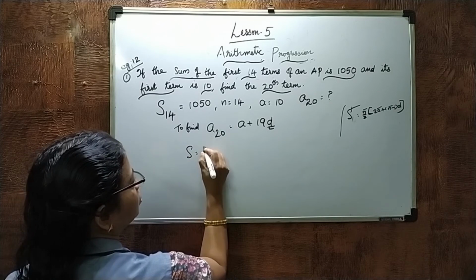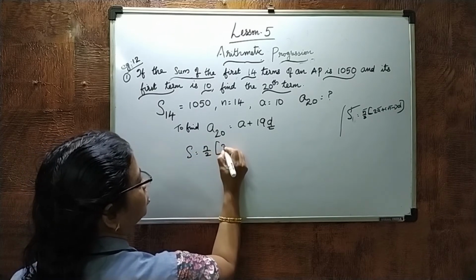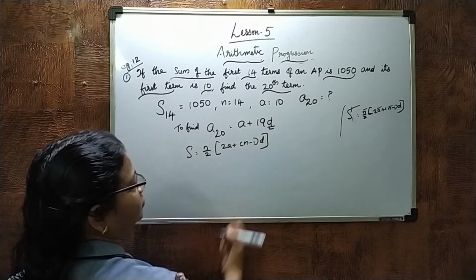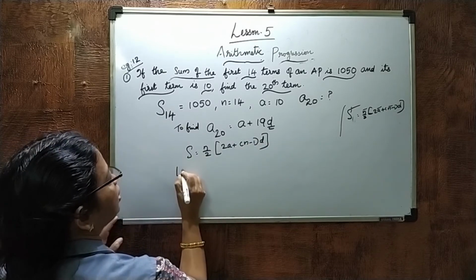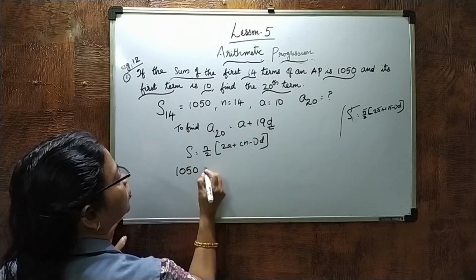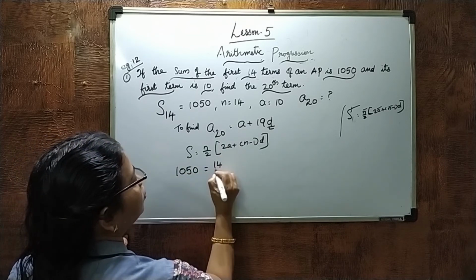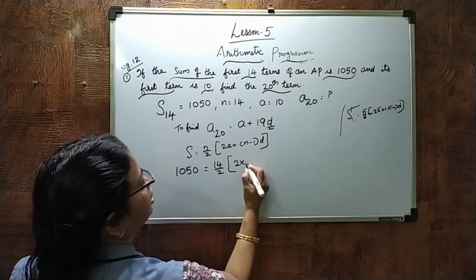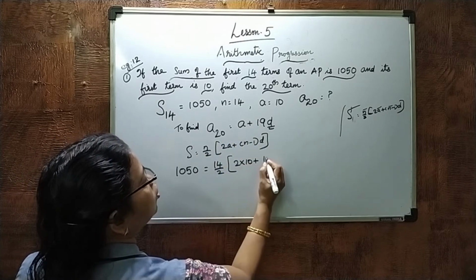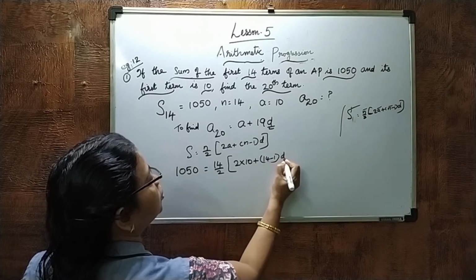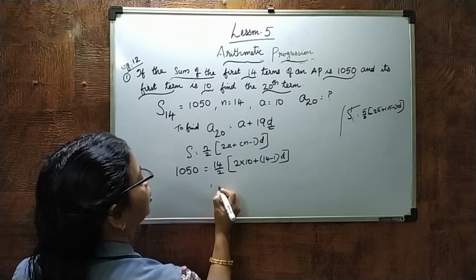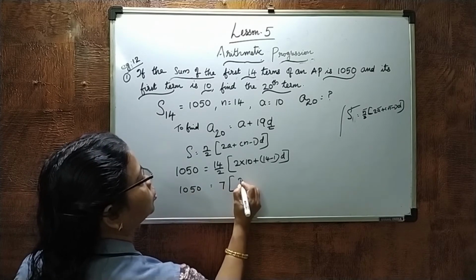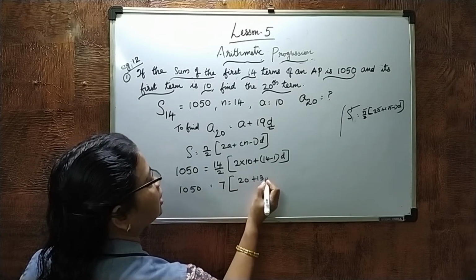Okay, now we'll start. S is equal to n by 2 into 2a plus n minus 1 into D. S means 1050 equals, n is given, 14 by 2 into 2 into A, which is 10, plus n is 14 minus 1 into D. 14 by 2 is 7, so 1050 equals 7 into 20 plus 13D.